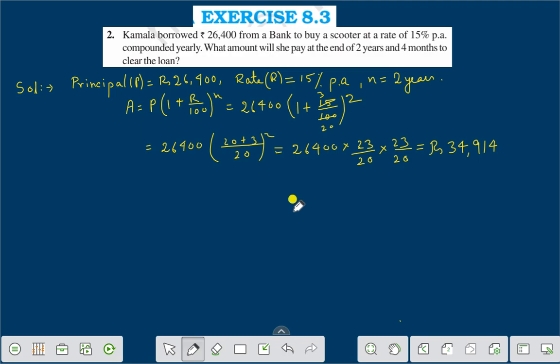Now we have to find the simple interest. For simple interest, the principal P is this amount, that is 34,914.